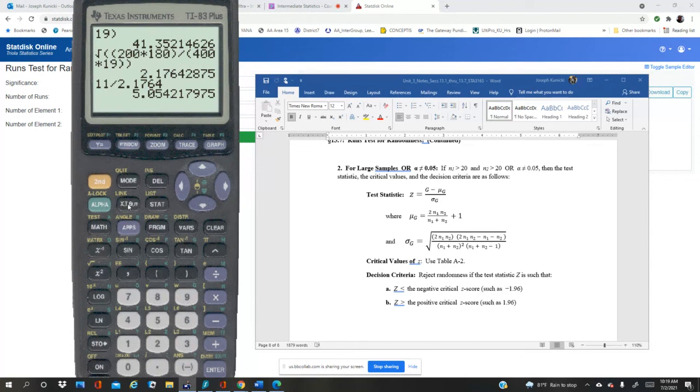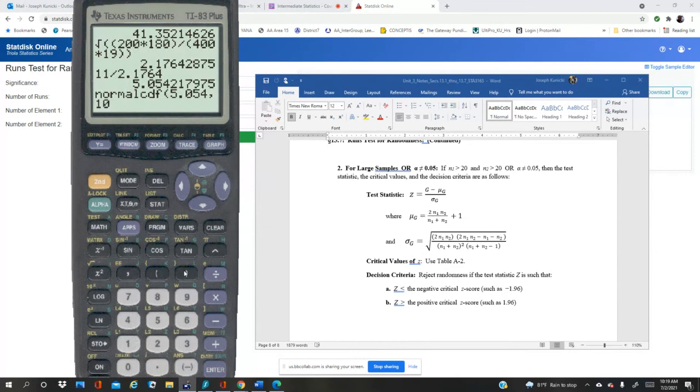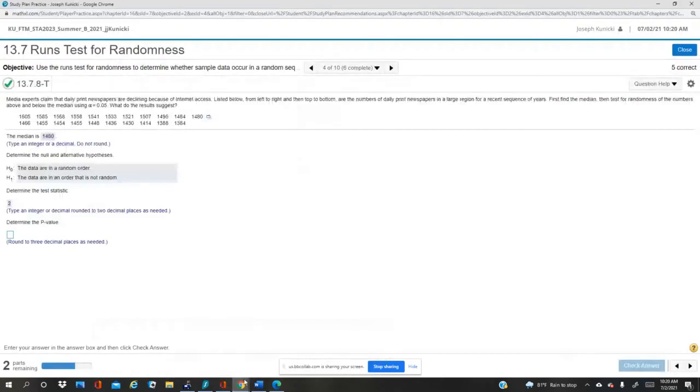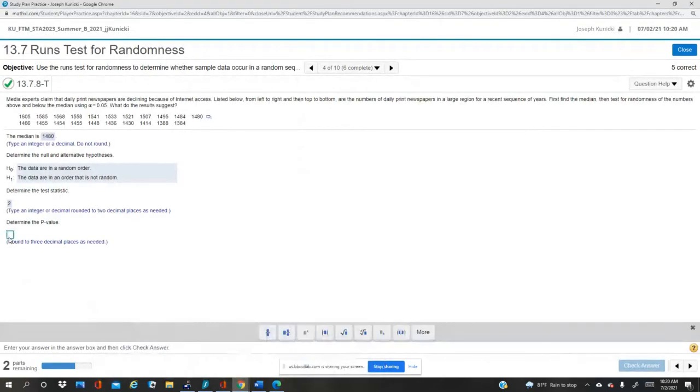See, if I do a second distribution for the normal CDF, and I say 5.054 comma 10, that's the p-value. How much is in the tail? 10 represents plus infinity. Look at that, to 6 decimal places, it's 0. So my guess was pretty accurate, on the ball anyway. So the p-value is 0.